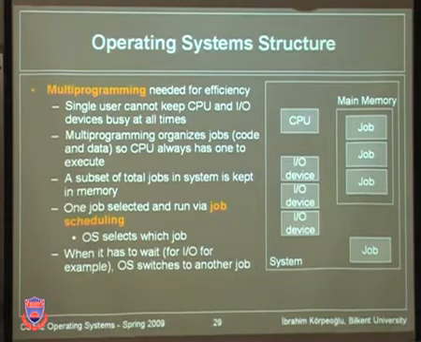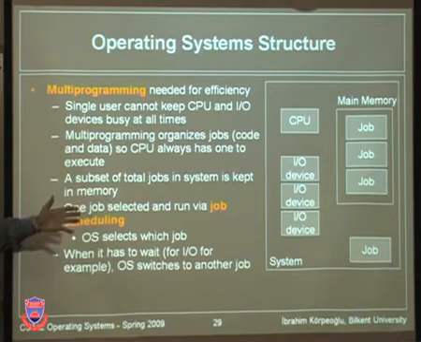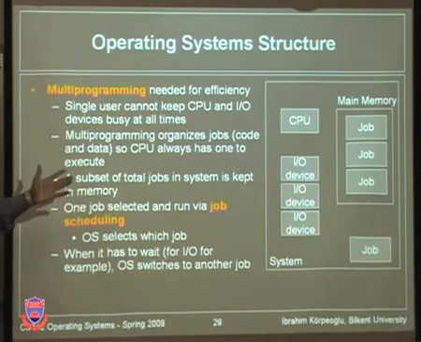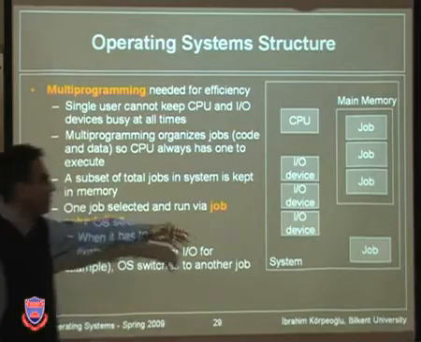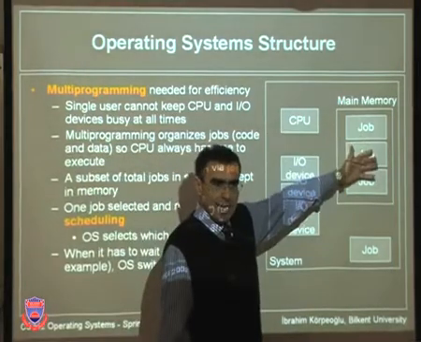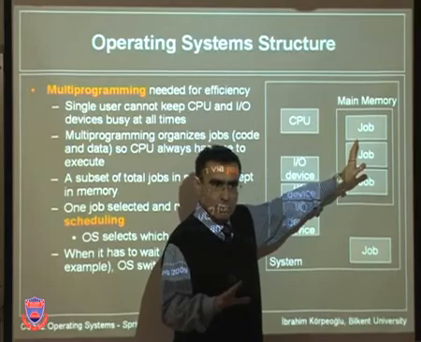So multiprogramming organizes jobs, the programs, code and data, in memory so that the CPU always has one job to execute. A subset of the total jobs to be run in the system is kept in memory. Several programs have to be loaded into main memory and be ready to execute on the CPU for that to become a reality.